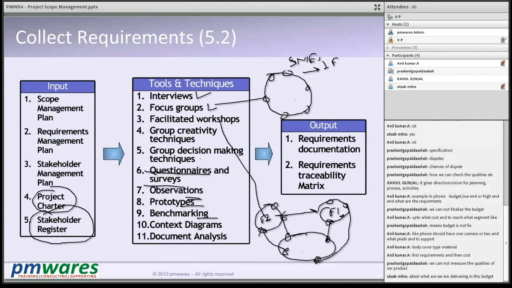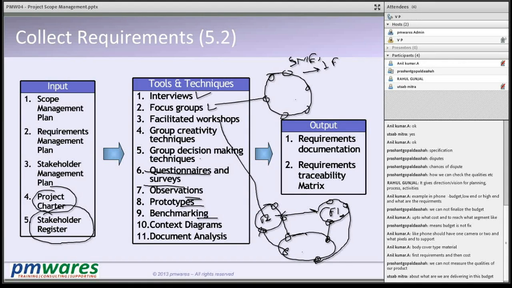Benchmarking is normally used in manufacturing units, especially in a market segment where the competitors are fewer. Suppose one of the competitors has launched a mobile phone, and you are not right now in that segment. So how do you define your requirements?